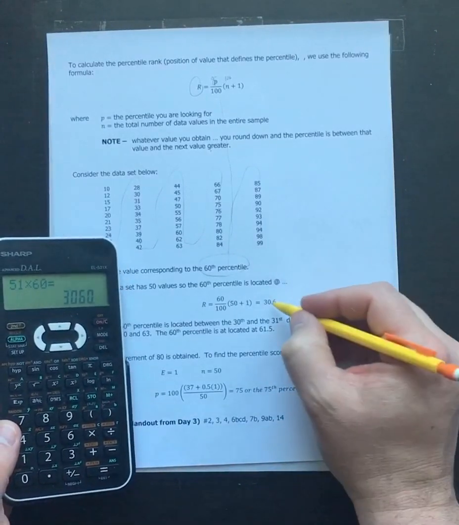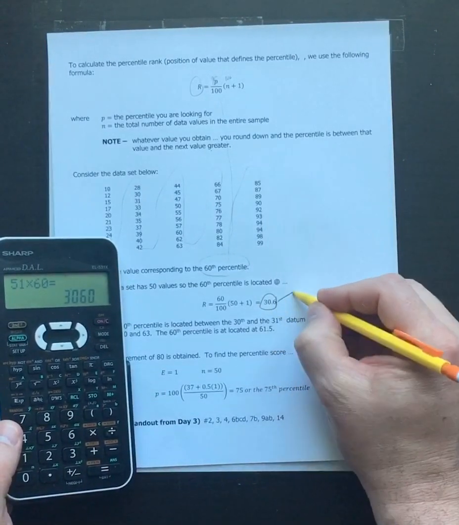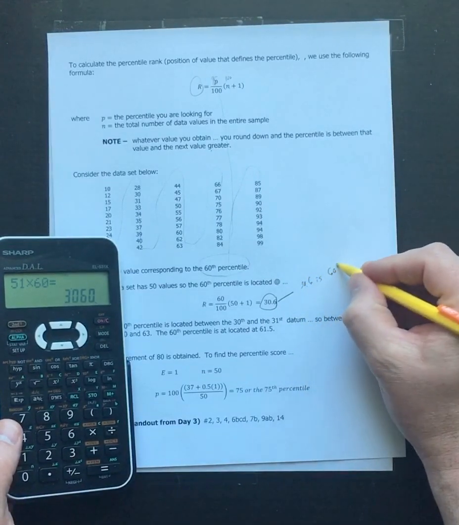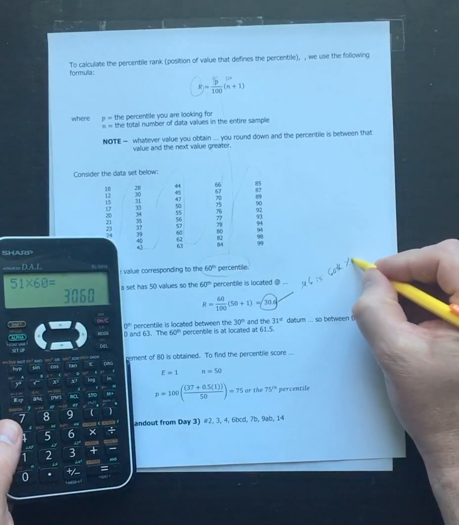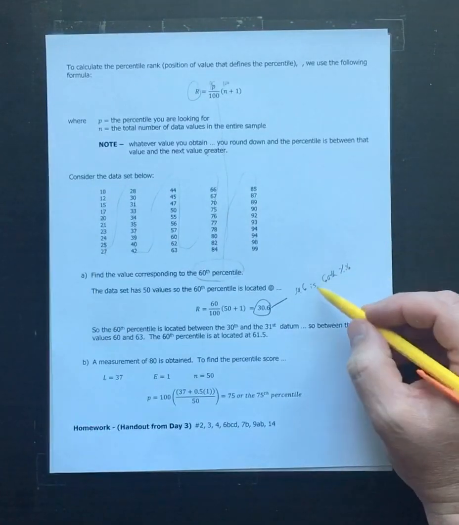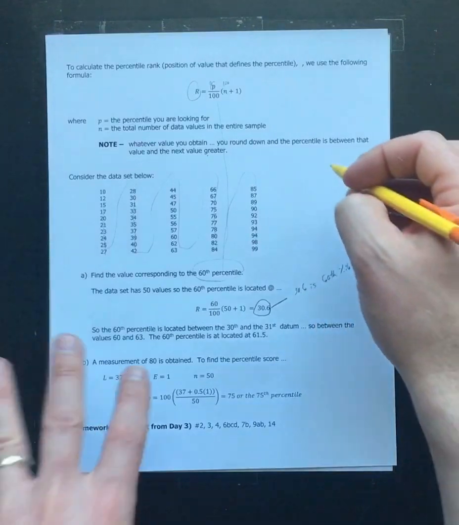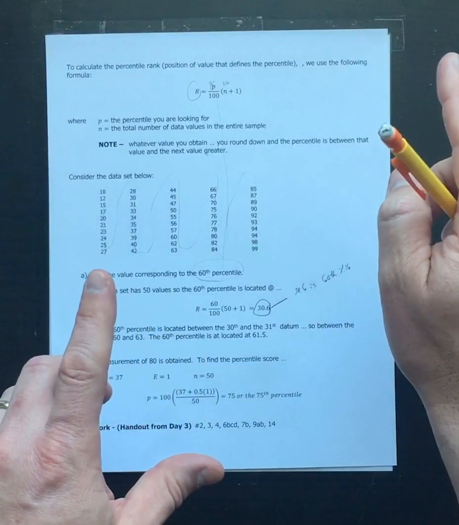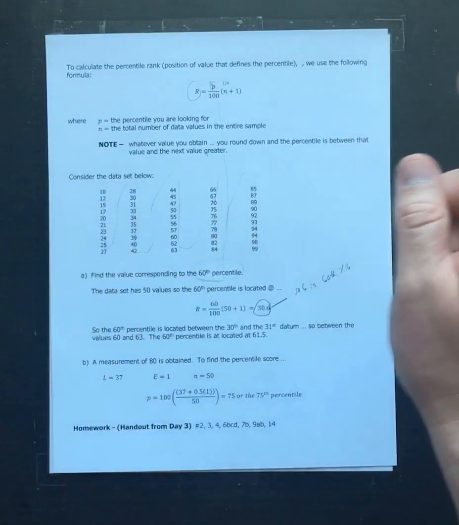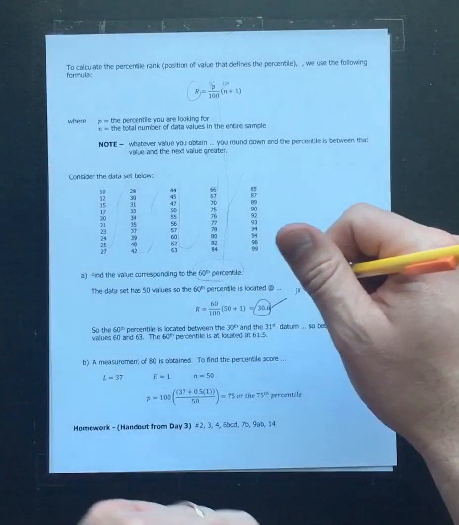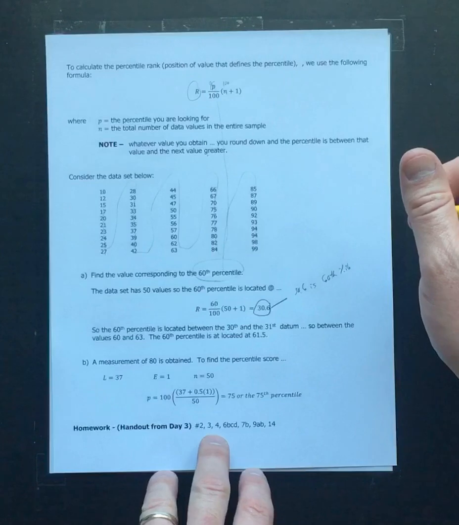So that means that a score of 30.6 is the 60th percentile. That means that anything below 30.6, 60% of the people got that value or below. And anything above the 30.6 is better than that. So you're outside of the 60th percentile.